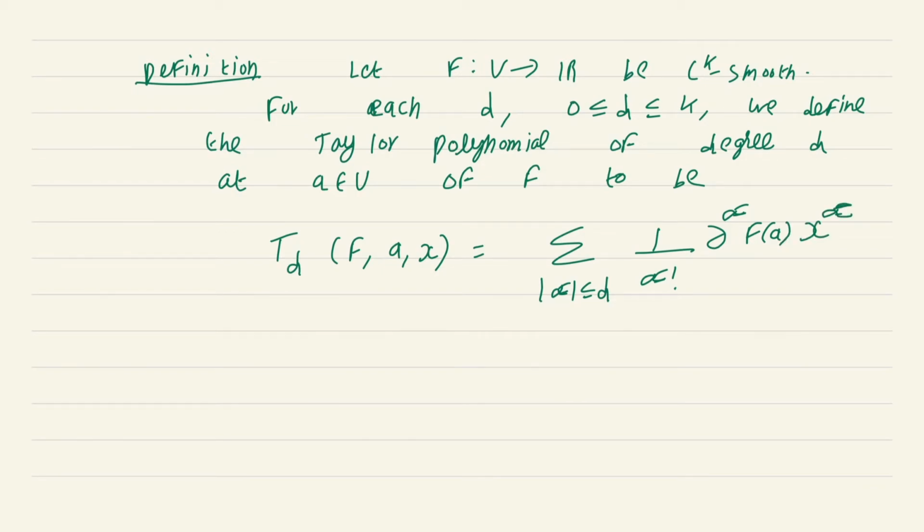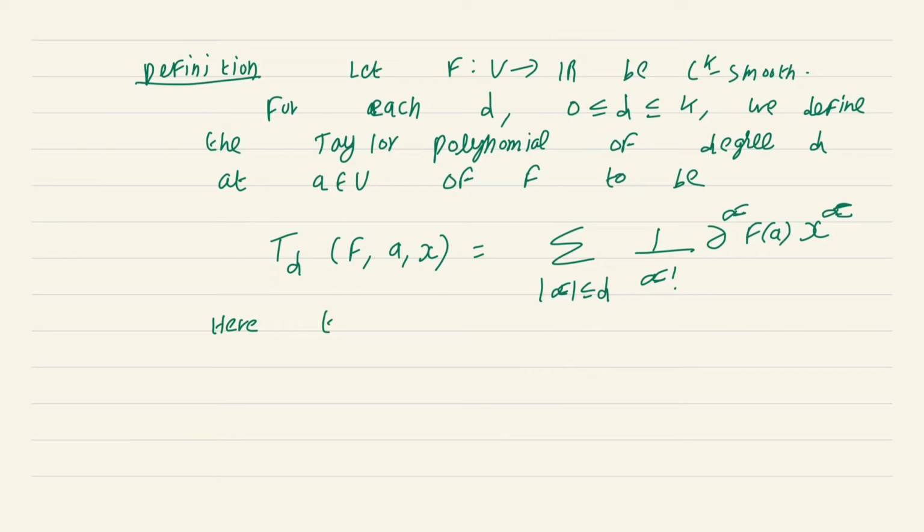Now the listener should observe that this form, formally, is exactly the same as the usual Taylor polynomial in one variable. So the elegance in this multi-index notation is that wherever you see a number, you can replace it by a multi-index and recover the same thing. So here I have used this summation that looks complicated.